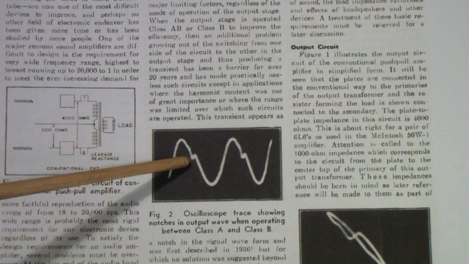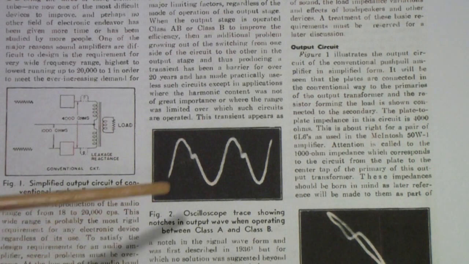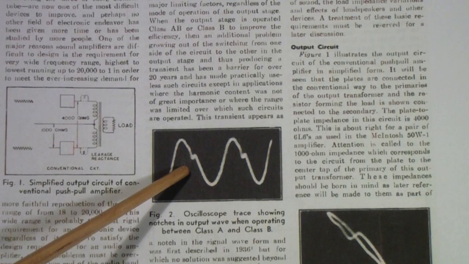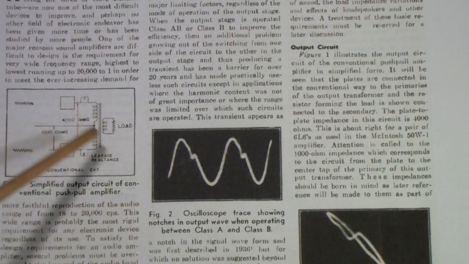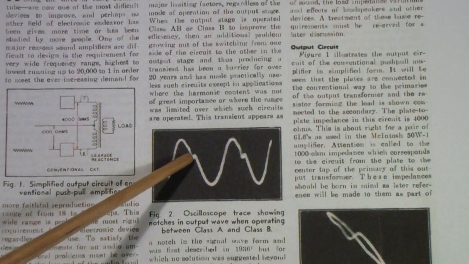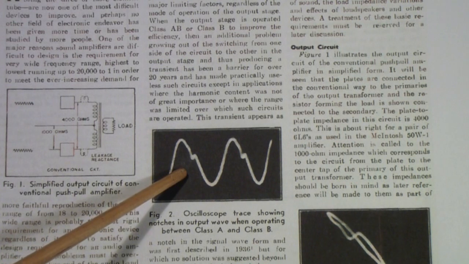It produces what's called crossover distortion. Well, one additional complication in tubes is the output transformer also inserts a small inductive kick during this transition that is due to what is called leakage inductance.